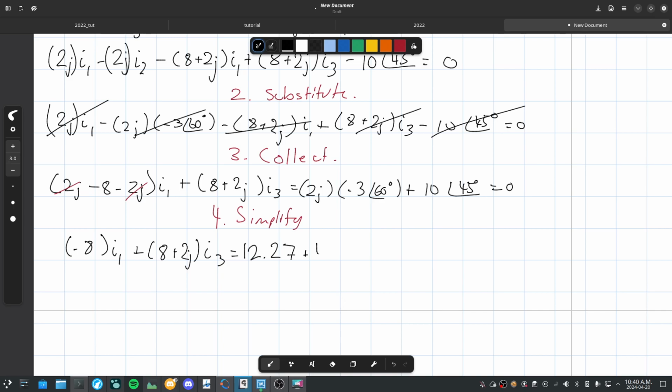12.27 plus 4.07j. If you want the polar form, let me put that into polar form. That's 12.93 with a phase of 18.4 degrees. Same.